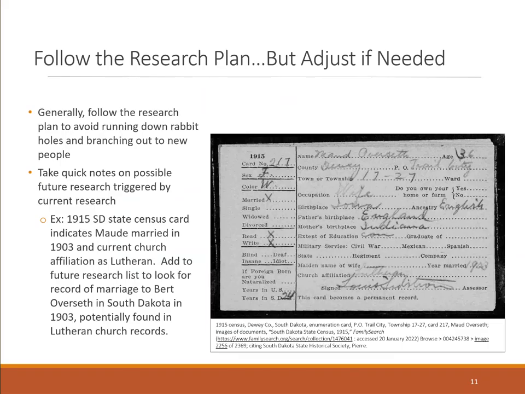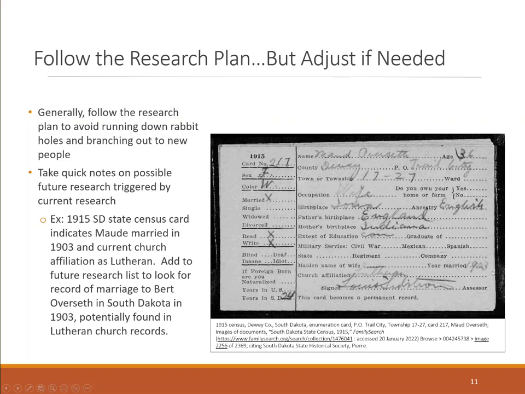So you just stick to the plan. You might have to make some adjustments along the way. I said find all these censuses. Here we found the 1915 census, and importantly, if you find some interesting information, for instance, I didn't know the specific year that Maud and Bert Overseth married, and here it is.